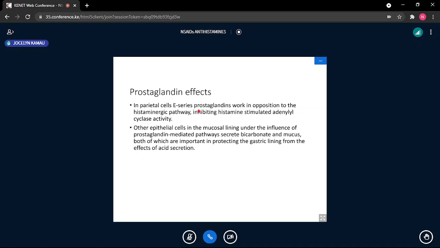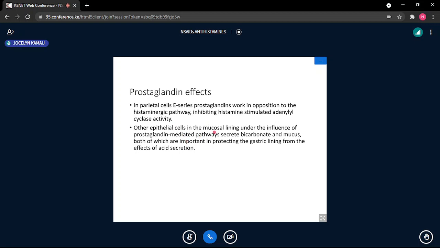That's why we did mention you do require the constitutive prostaglandin E, which is always constitutive, so that they offer the cytoprotection. Other epithelial cells in the mucosal lining, under the influence of the prostaglandin mediated pathway, as I was mentioning, can also secrete bicarbonate and mucus.